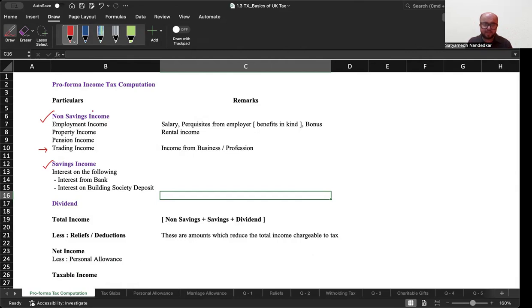We saw savings income, which basically included interest, and then you have dividend. Now, what is dividend? What a company does is raise money from people like you and me. All of us contribute money to the company and we become shareholders. Shareholders are part owners.